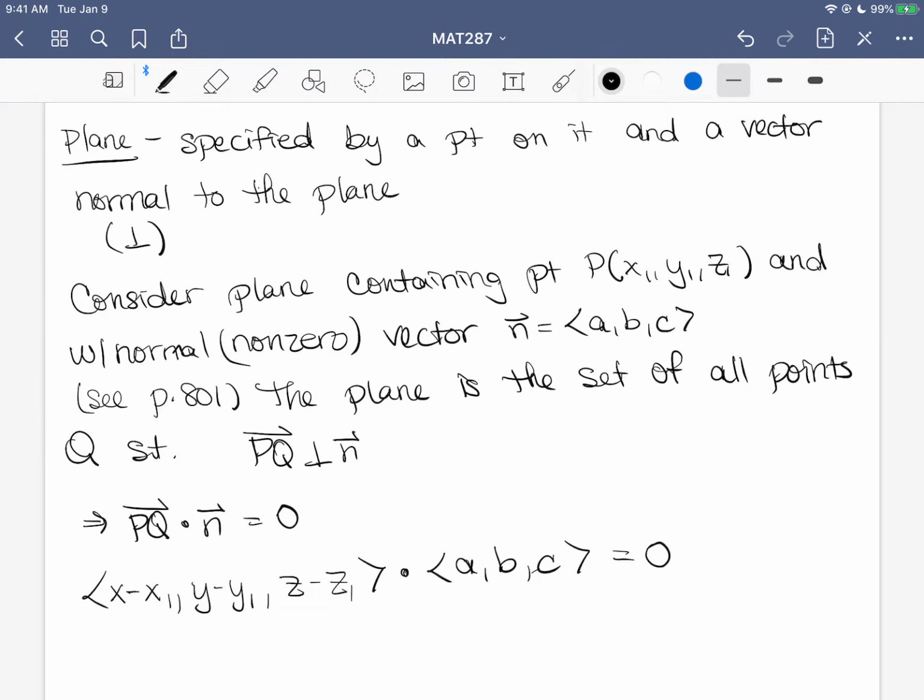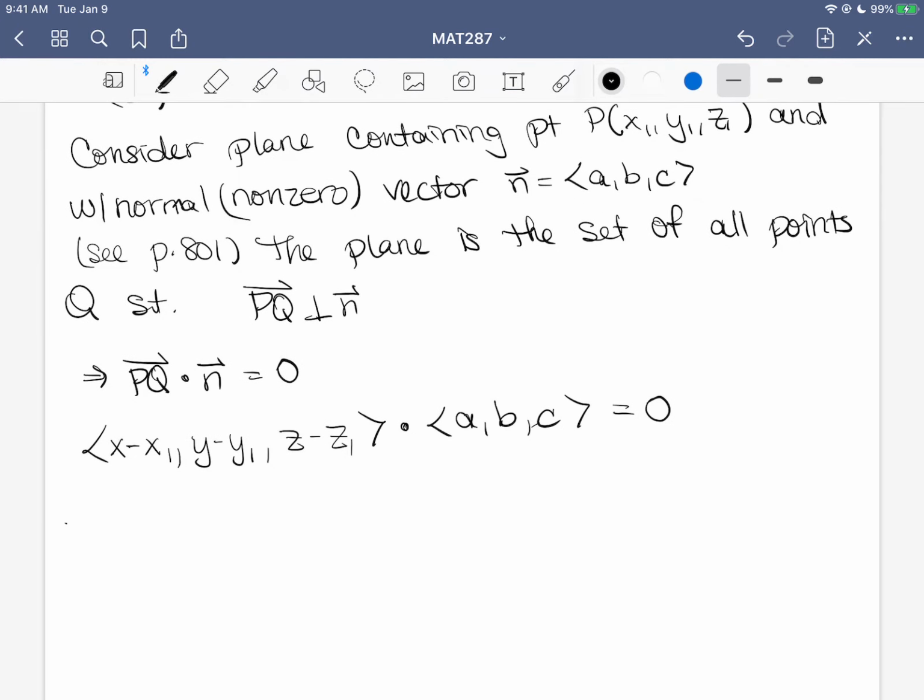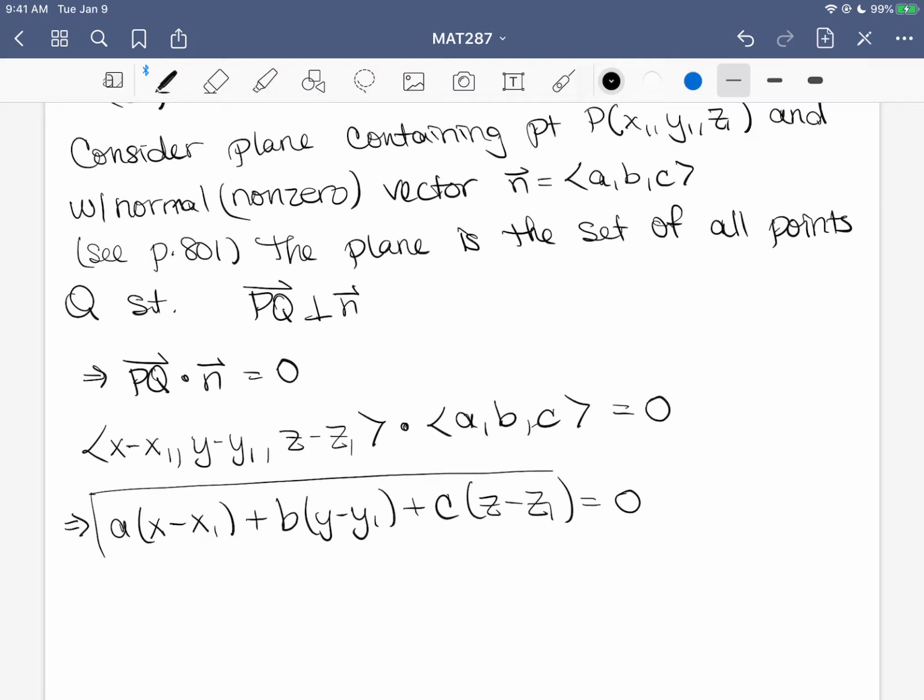So let's just compute that dot product. I get a times x minus x1 plus b times y minus y1 plus c times z minus z1 is equal to 0. And this is the standard form of the equation of a plane.